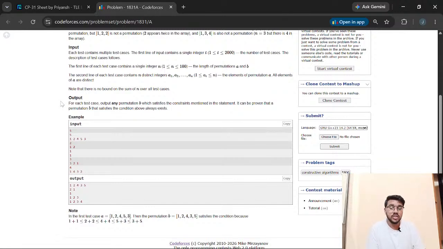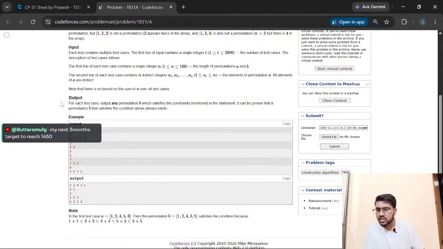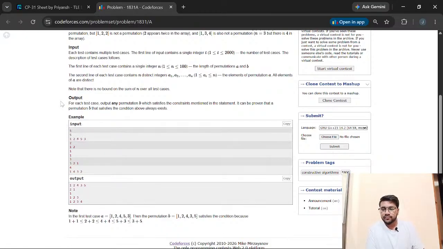Specialist, I know it is very difficult, but I will try to reach Pupil when I go to my college. Right, 1450. Yes, that's what I am thinking. So in next 3 months, I have to reach Specialist. For that, first next month I have to reach Pupil. For that, I am trying my best to reach there.